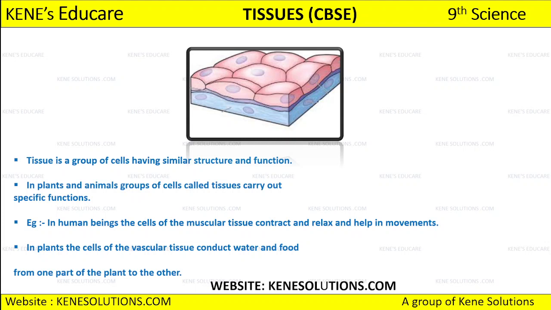I hope that you all are practicing the diagram which has been given. So now you know what exactly the tissue is made up of, how it is made, what the different types are and all, right?